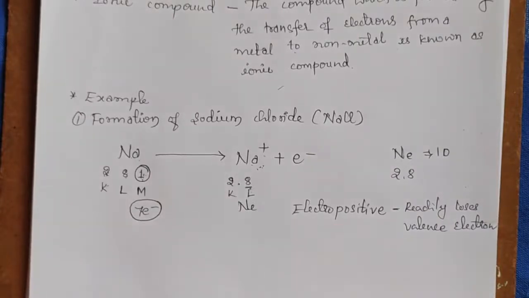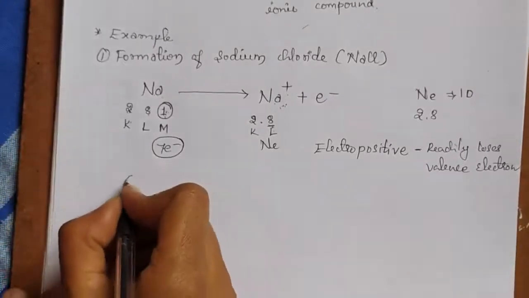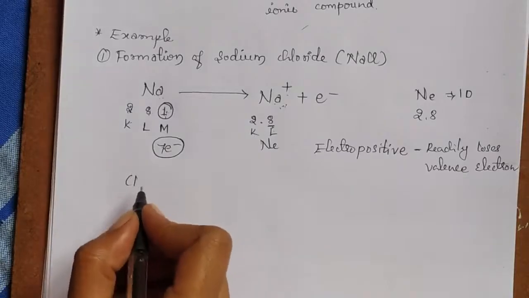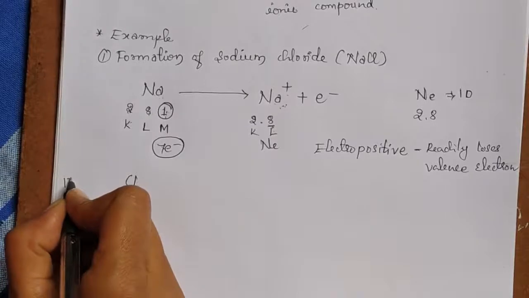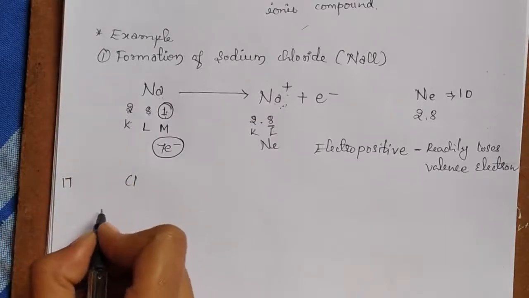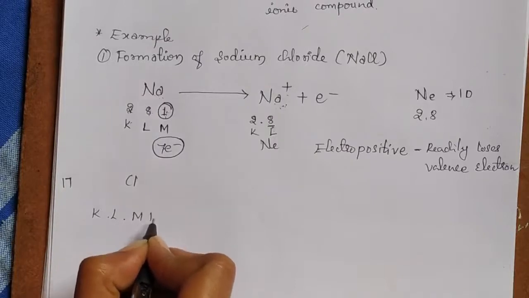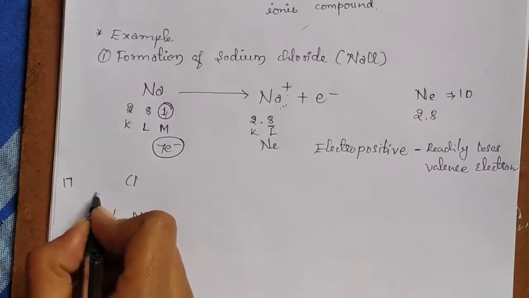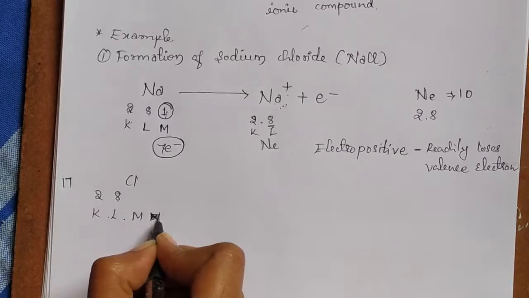Next, what happens? We'll take chlorine. What is the atomic number of chlorine? 17. All these 17 electrons are placed in different shells. See here, in the K shell we place 2, in the L shell 8. 2 plus 8, how many? 10.